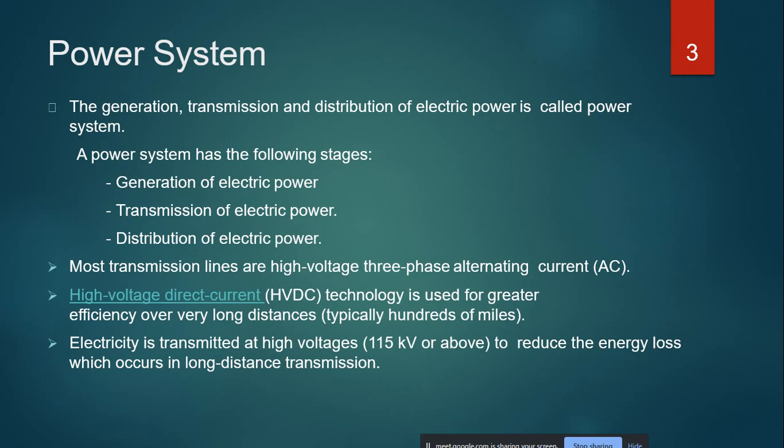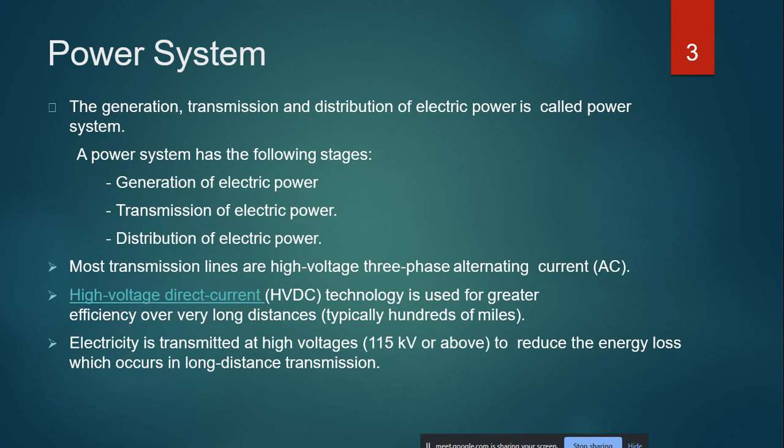The biggest advantage of DC, a very important point, is in cases like your cities, where high voltage current is used mostly for larger transmission. For example, if you want to transfer over hundreds of miles, you can go with DC rather than AC, because AC will always have some losses, right?